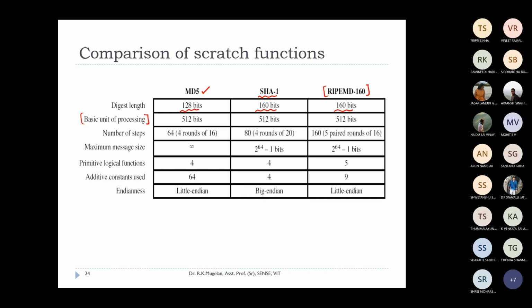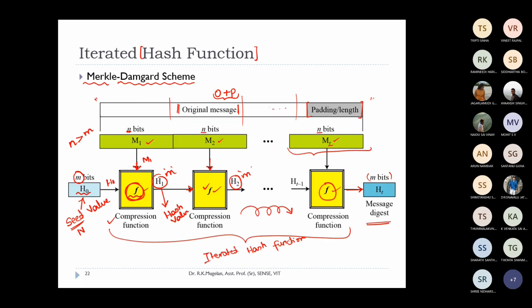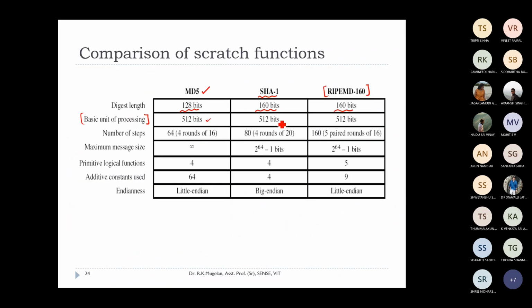The basic unit of processing is this M1, whose size is 512 bits in MD5, and here also 512 and 512. And for the number of steps, which we call rounds in AES, here we'll use a term called steps.